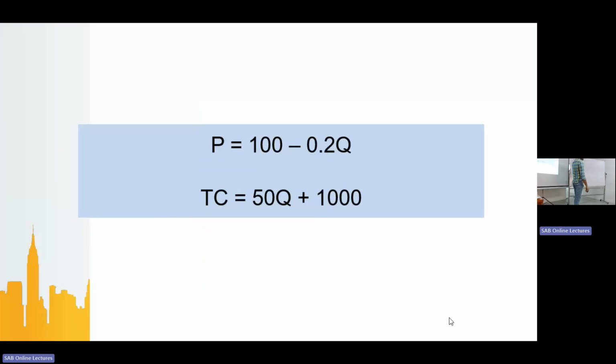If you are given the inverse demand function, the first step you have to do is to find the total revenue function. From the inverse demand function, find total revenue. In the previous session, we learned how to derive the total revenue function from the inverse demand curve.